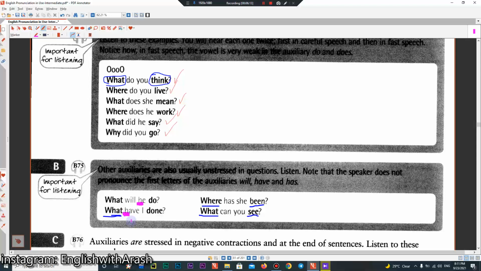So you might hear what have, a little faster. What have I done? Or here, again, you might not hear the he. Where's she been? But this one, it's all pronounced.